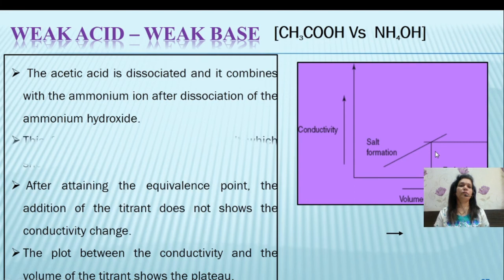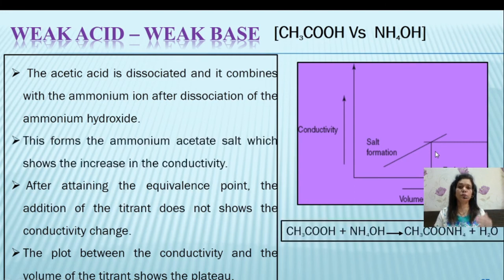Weak acid, weak base titration is usually not possible in a lab without an indicator. But this particular instrument will give you the equivalence point for weak acid, weak base titration like CH3COOH and NH4OH. The weak acid dissociates slowly and combines with NH4OH to form the salt CH3COONH4 and water.